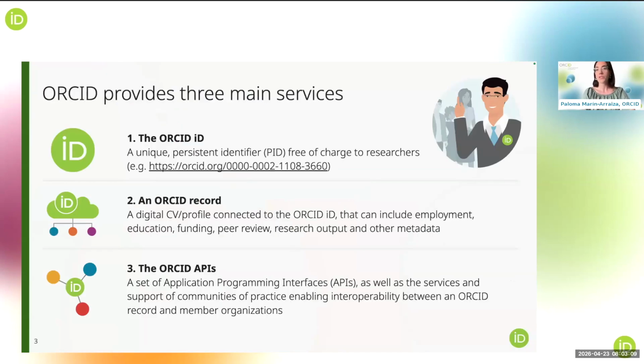Something that I wanted to introduce first of all is things that you already probably know, but ORCID provides three main services. The first is the ORCID ID, which is the unique persistent identifier for researchers. Together with that, we have the ORCID record, which is like the digital CV or profile that is connected to that ORCID ID and contains different metadata that represents the research career of a researcher.